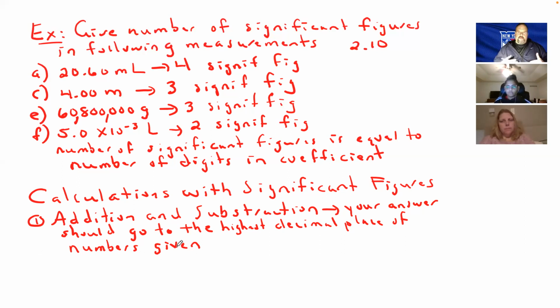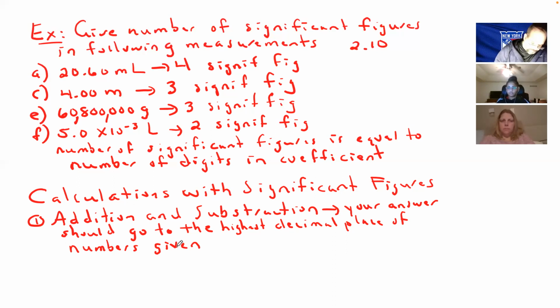Basically, from my perspective, as you go from left to right, in other words, thousands, hundreds, tens, ones, and then tenths, hundredths, thousandths, you're going lower and lower. The number is becoming lower and lower. As you go the other way, in my mind, you're going to a higher decimal place because you're going to a higher value. So basically, your answer should go to the highest decimal place of the numbers given.